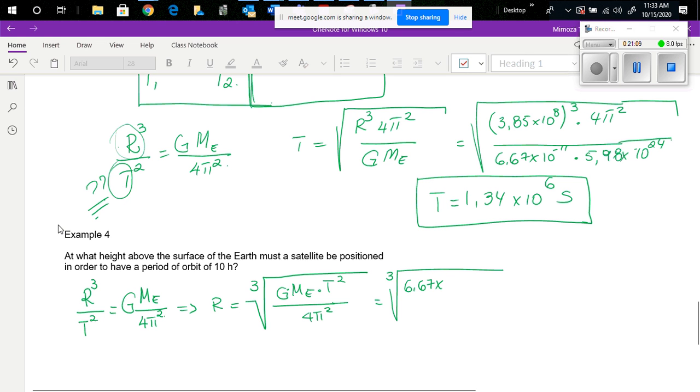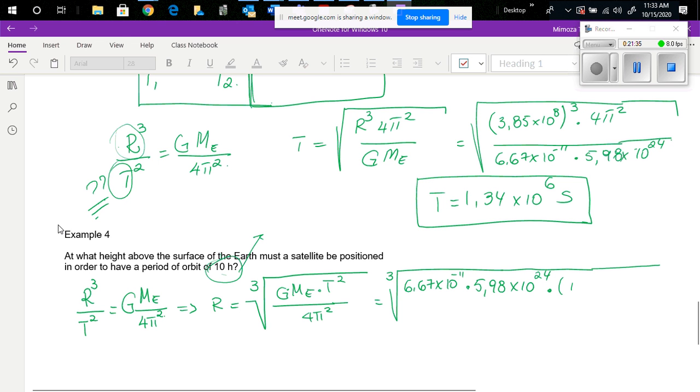6.67 times 10 to the power of negative 11. Mass of the Earth, we said that is 5.98 times 10 to the power of 24. Period. Now this is 10 hours. We have to convert it into seconds. You can convert it straight here, or you can do it on a separate part of the work.